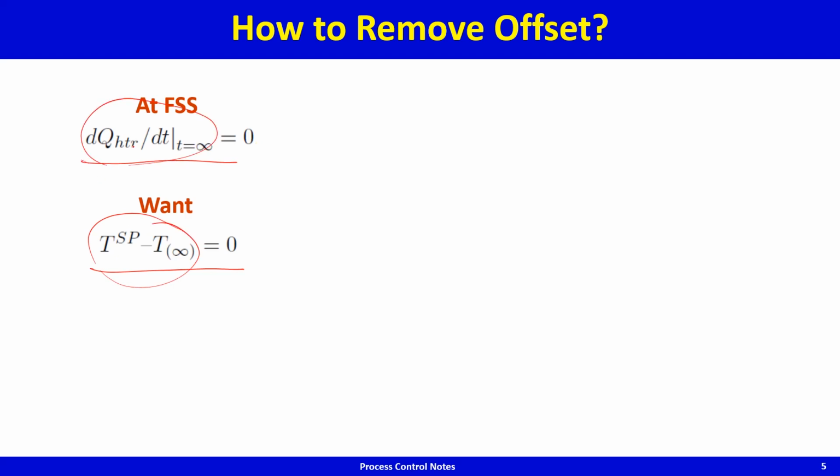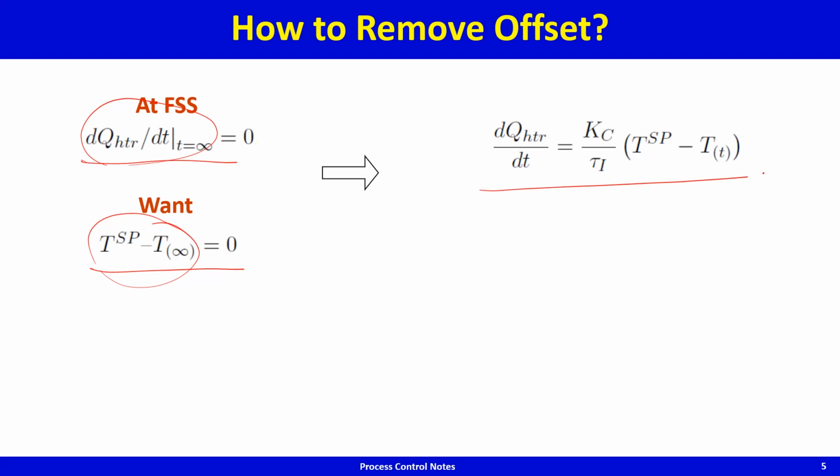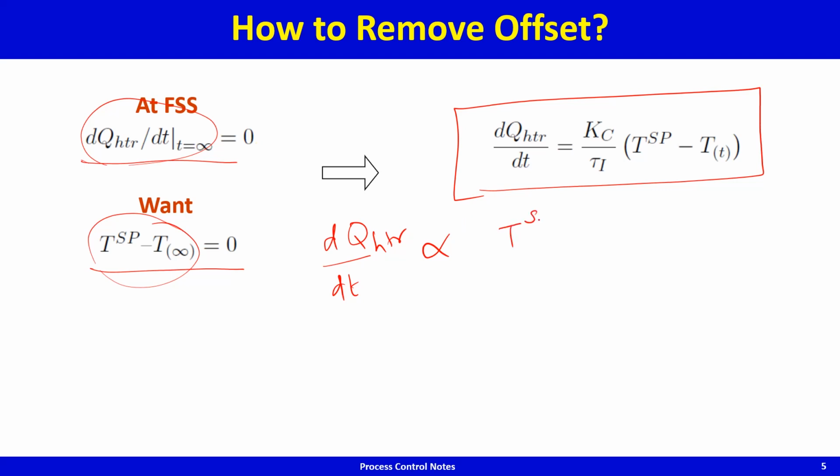This term must also go to 0. Why not relate these two terms and say, why don't we do this? Where what I have done is, I have made the rate of change proportional to the deviation away from set point.